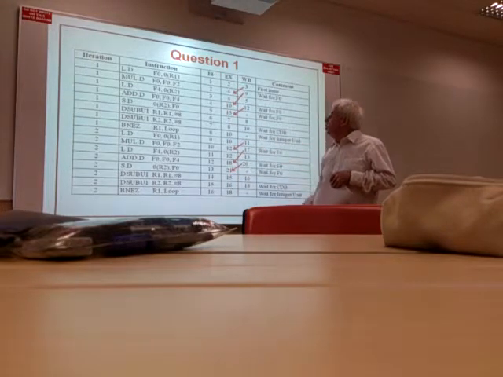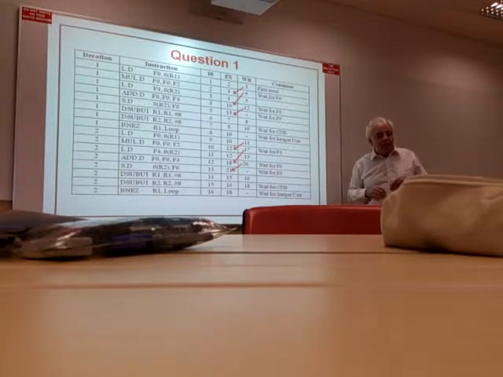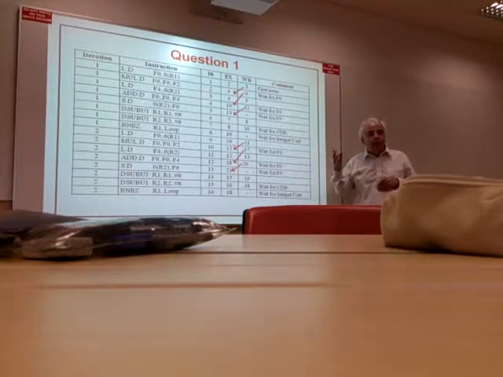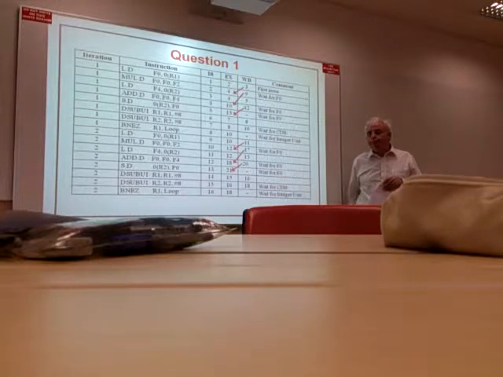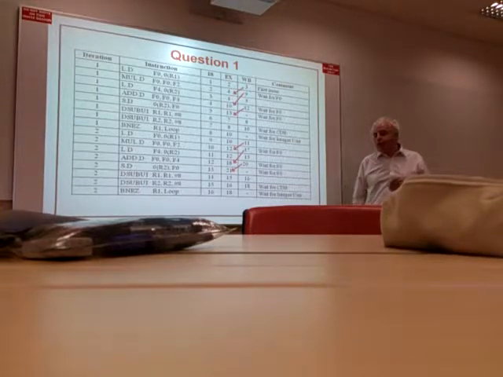So the hardware detects the data dependencies and makes sure that all of the data dependencies are taken care of, but provided there are no data dependencies, then you can execute the instructions out of order. Any questions on this example?